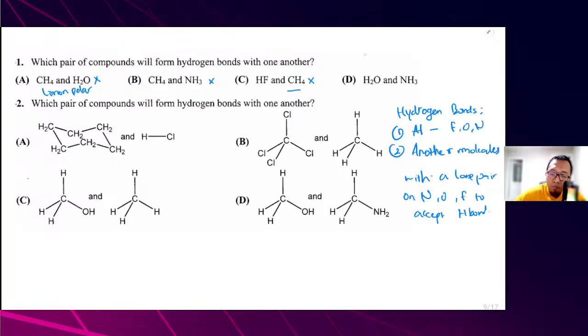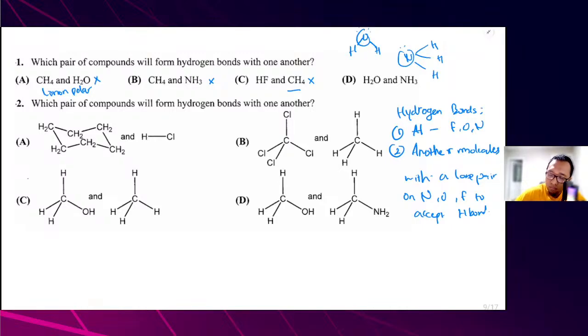The last one is NH3 and H2O. Both molecules have hydrogen attached to N or O, and there are also lone pairs, which is perfect for hydrogen bonding.